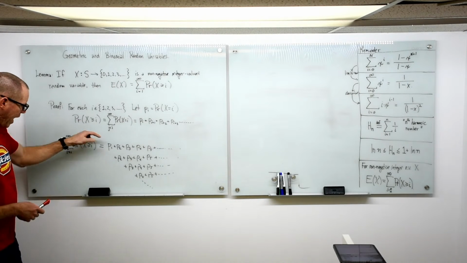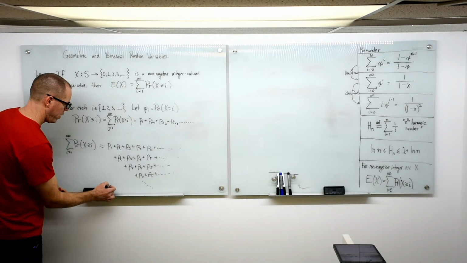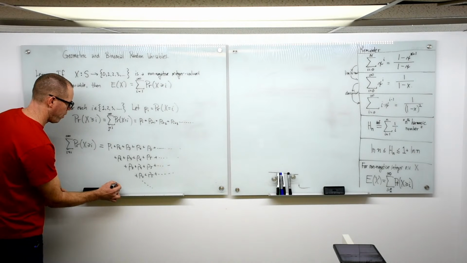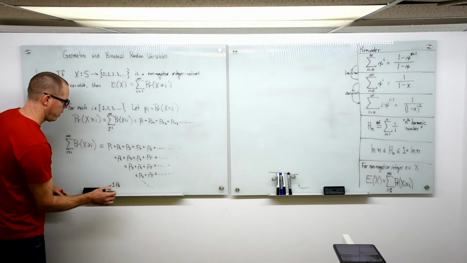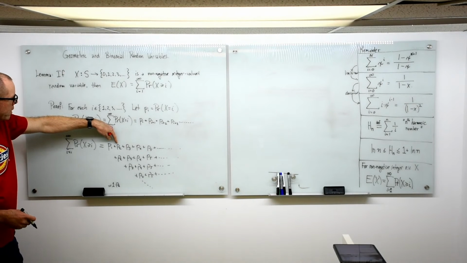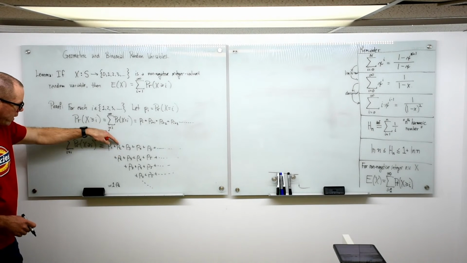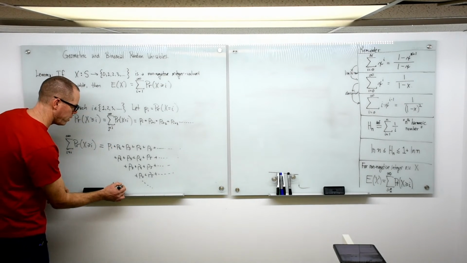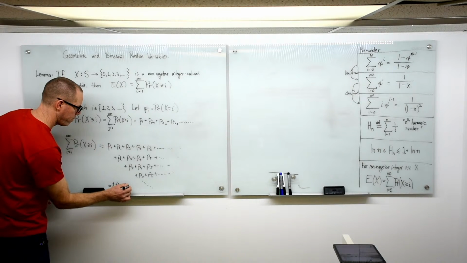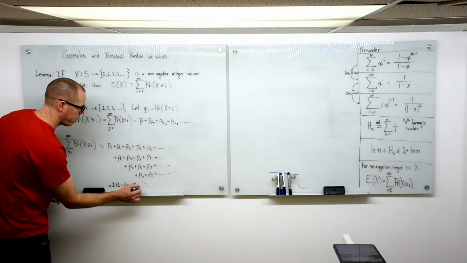So if we add all of this up, one of the things we get in our total sum is 1 times p_1. Now, p_2 appears in the first one because when you're equal to 2, you're bigger than or equal to 1. And when you're equal to 2, you're bigger than or equal to 2. So it appears twice. We get 2 times p_2. And similarly, 3 times p_3. And so on.